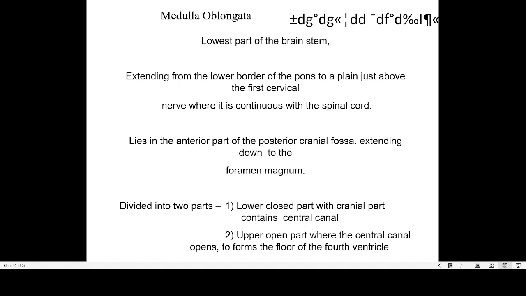Usually the first cervical nerve is where it is continuous with the spinal cord.